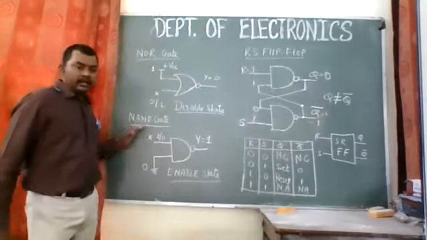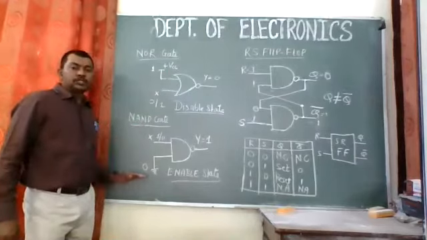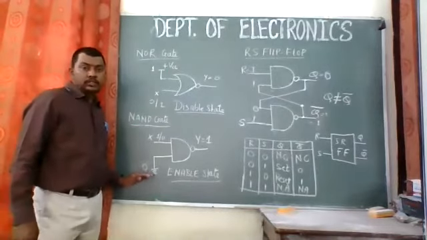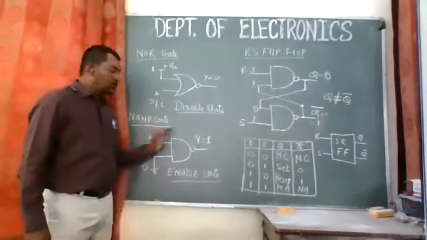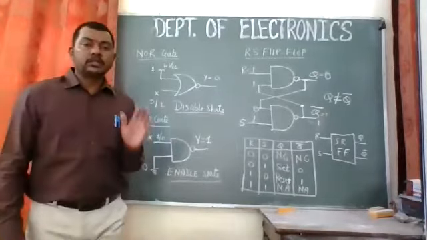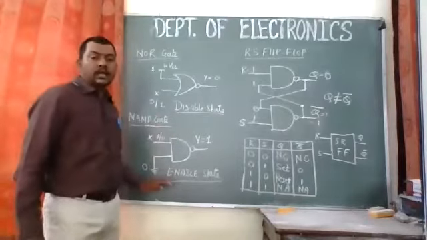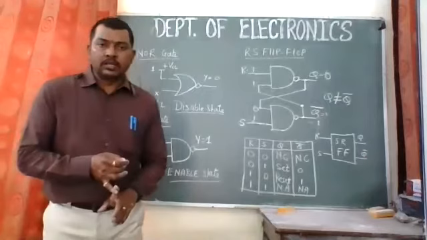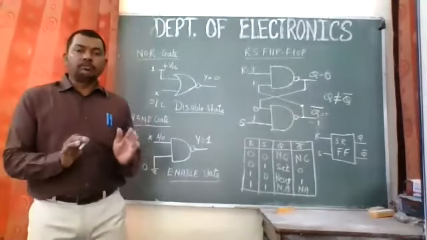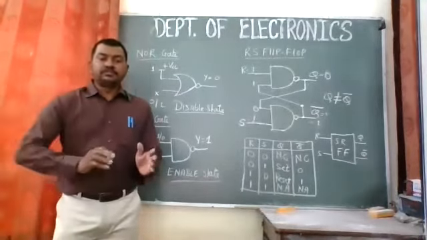Similarly, for NAND gate, whenever one of the inputs is kept low or it is given ground, then without referring to the other input, the output will remain always high. And that is why we call it the enable state. And in the NOR gate, we call it the disable condition. And this is how we are going to implement flip flop.